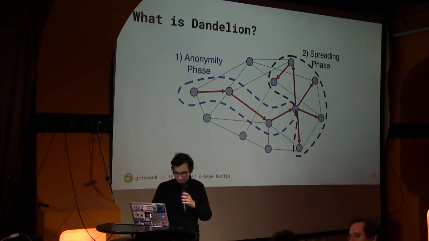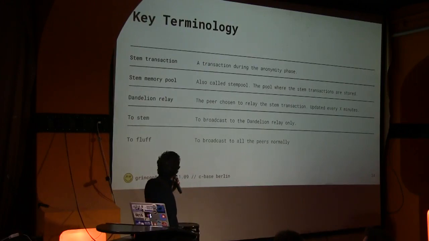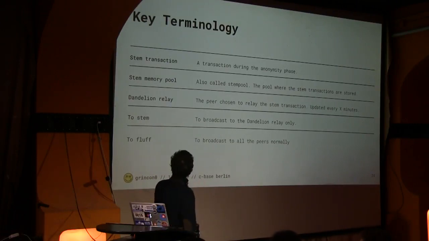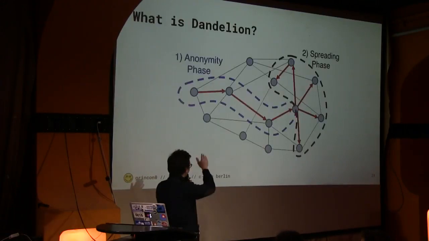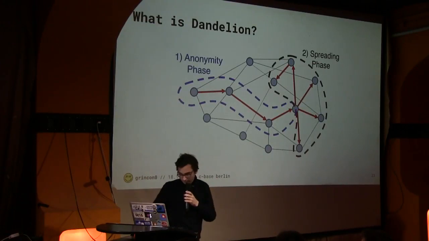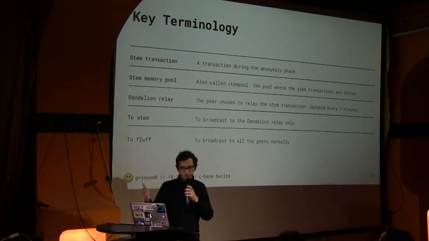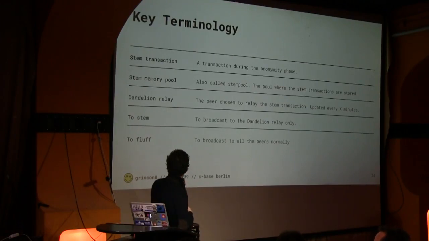Okay, so you might have heard some words that I use here, and I just need you to understand these 5 words. The first one is the stem transaction. It's a transaction during the anonymity phase, and it's really different from the transaction at the end. The second one is the stem memory pool. You don't want to store the stem transaction in the same memory pool as a regular transaction.